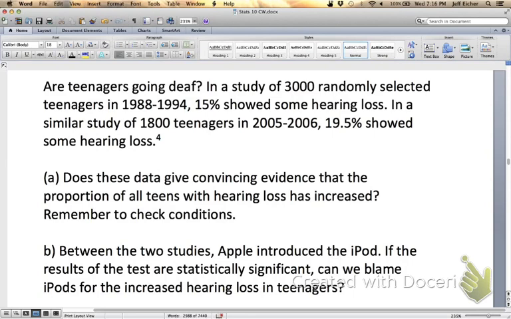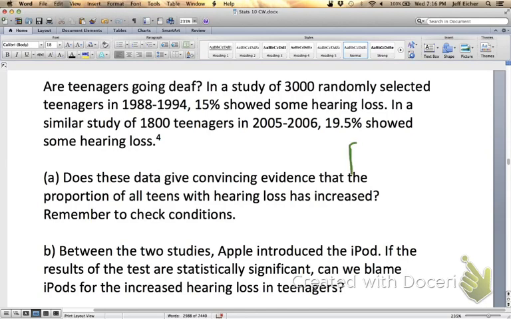Let me show you the solution. Before I show you the solution, how about you try to calculate the combined proportion. I'll write the formula on the screen for you if you didn't get that in your notes.